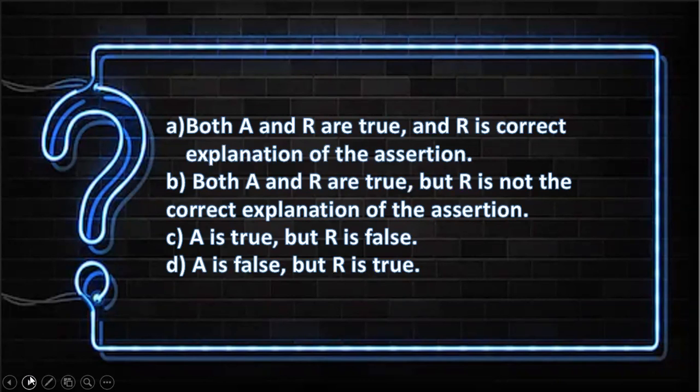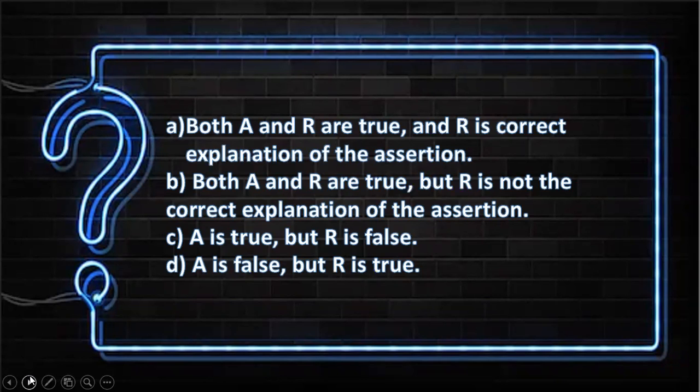If both assertion and reason are correct and the reason is a correct explanation of the assertion, we should write option A. If both are true but the reason is not a correct explanation of the assertion, it's option B.